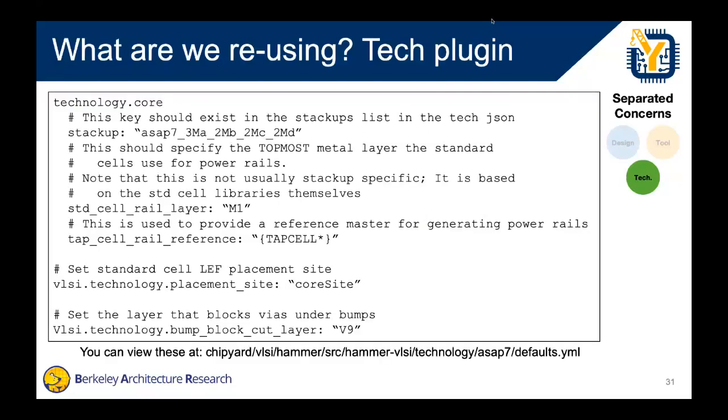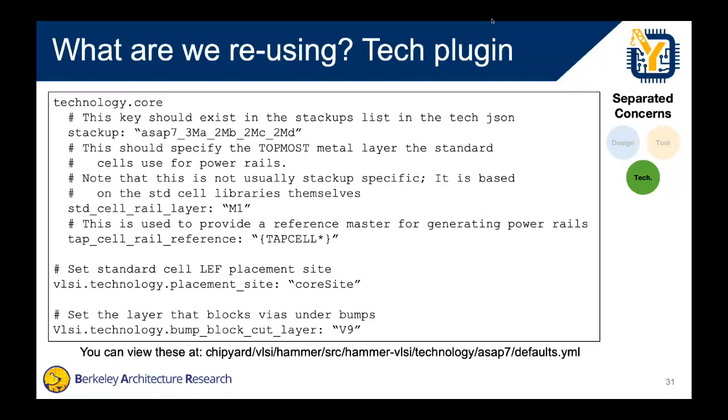How do we note that? This is how we specify the ASAP7 tech plugin. You can see Hammer supports the concept of a stackup, which is how many metal layers, in which directions, and of various widths you have. We have that for other technologies as well. You have to tell Hammer where the standard cell rails are.